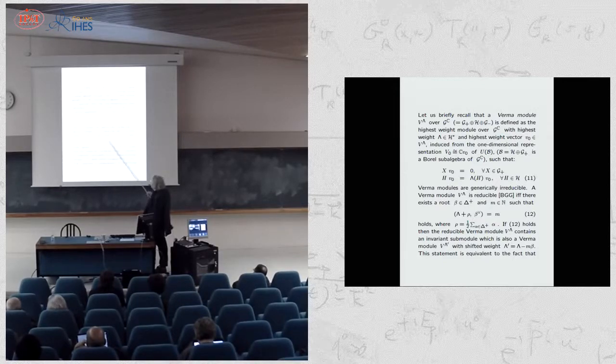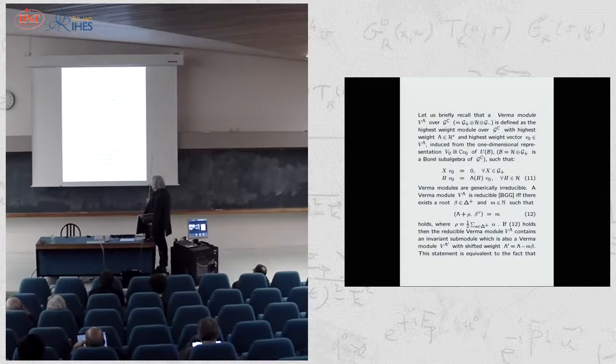So this is of course the defining property of the Verma module. It has a highest weight vector, which is annihilated by the raising generators, and scalar action by the Cartans. What is nice about the Verma modules is that generically they are irreducible, but of course the reducible points are the important ones which we need.